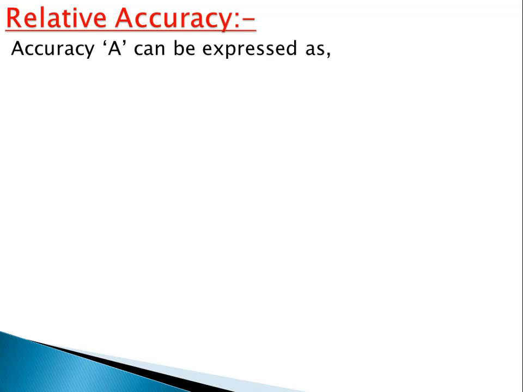Now the next parameter is relative accuracy. Here accuracy can be denoted as capital A and it can be expressed as A = 1 - relative error. We know that relative error can be denoted as small er, so accuracy A = 1 - er.